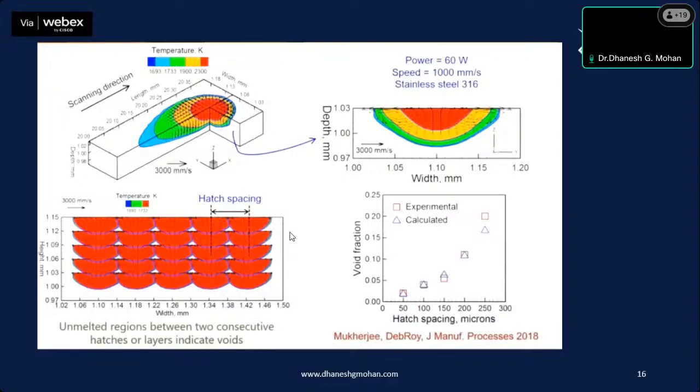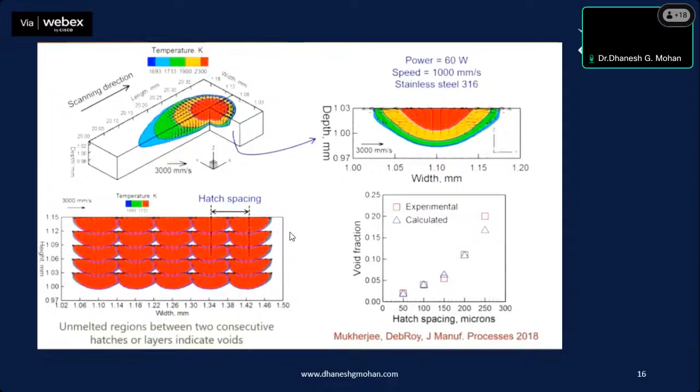In normal cases, while printing, we are not able to identify these things because we see that it prints evenly in each layer. But after solidification, when we go for testing, we can find these voids in between. What are the ways to avoid these things? We need to close this gap, so we need to reduce the hatch spacing, right?